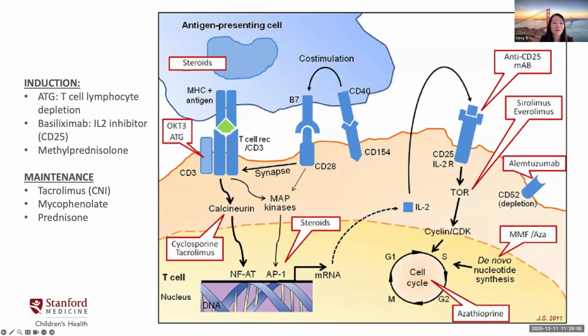Patients get a very high methylprednisolone pulse intra-op, and are supported on tacrolimus, mycophenolate, and prednisone as triple therapy as first line. And really the goal of immunosuppression is prevention of the antigen presenting cell from sensing that the graft is foreign.